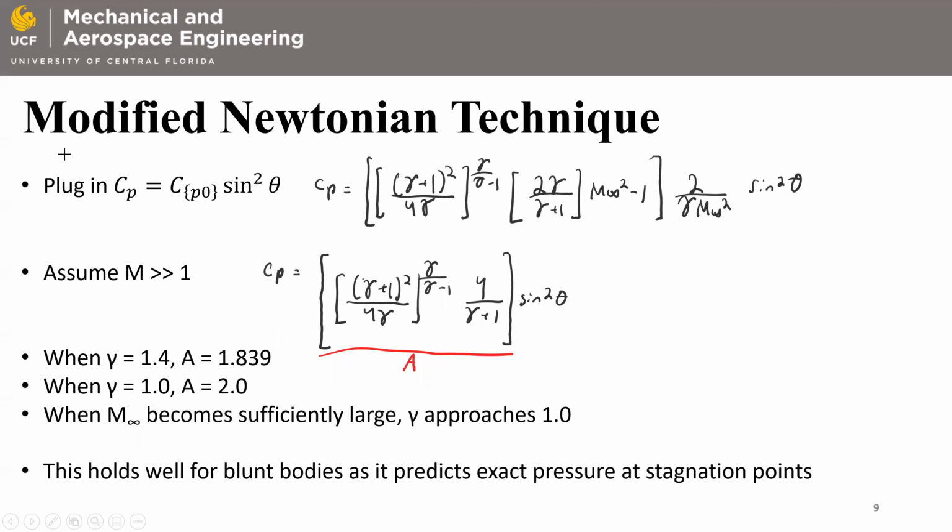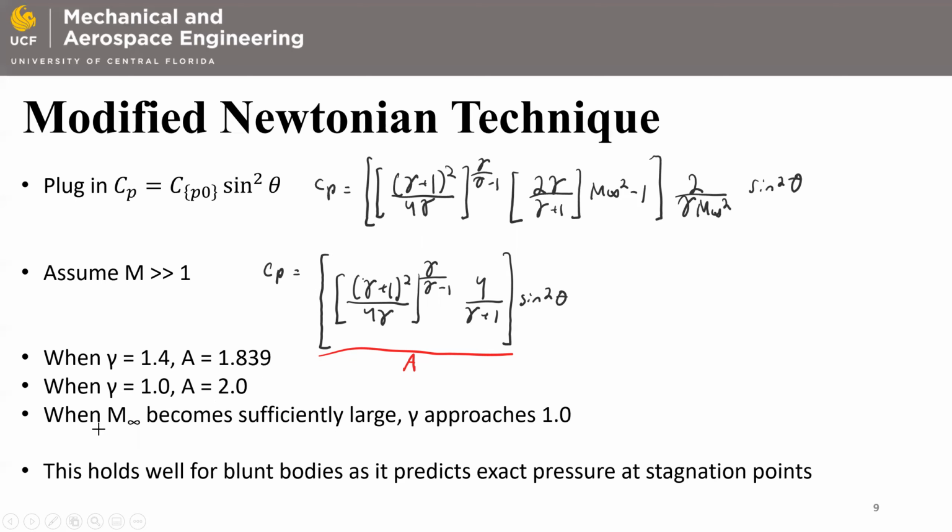From there, you can plug in the relation that we started with, which was your pressure coefficient at the stagnation point times sine squared theta, and you can get a Cp in terms of only gamma and theta. This shows the independence of Mach number thing again. You can treat this whole thing right here as just a coefficient A, where when your gamma approaches 1, your A approaches 2.